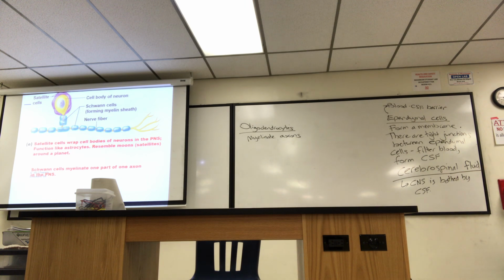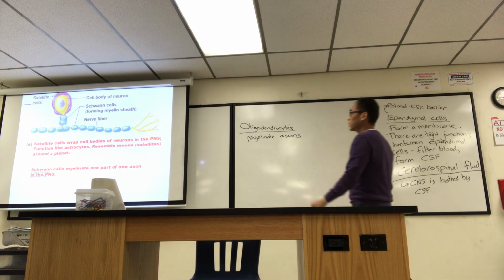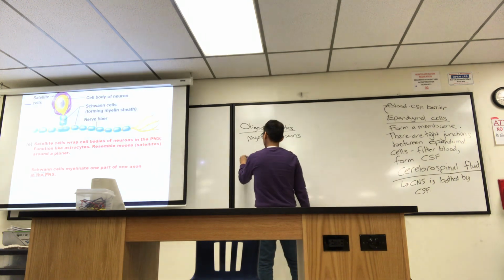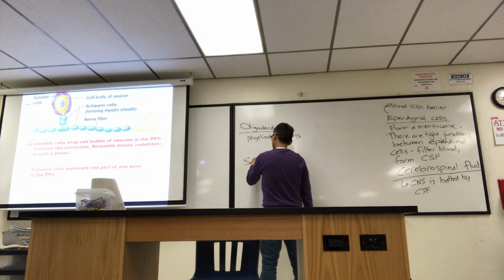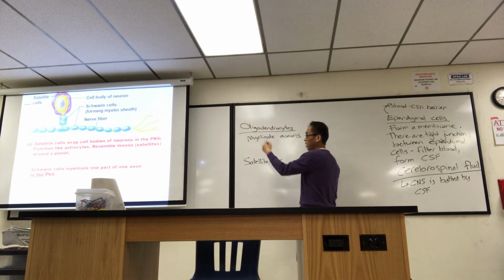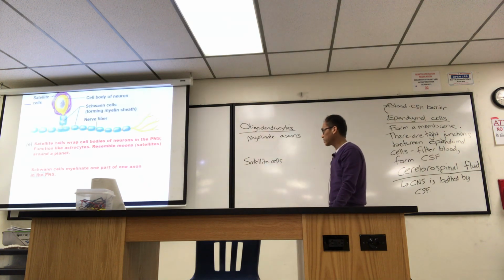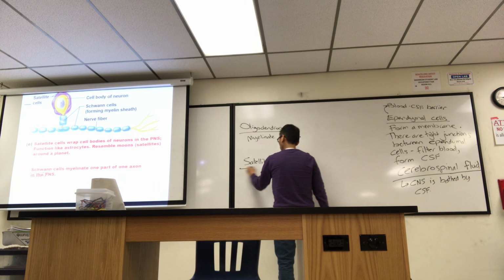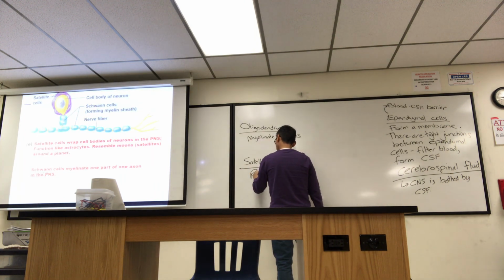There's a couple of cells here. One are the satellite cells. They hover like moons around the cell body. That's why they're called satellites. But they recycle neurotransmitter.